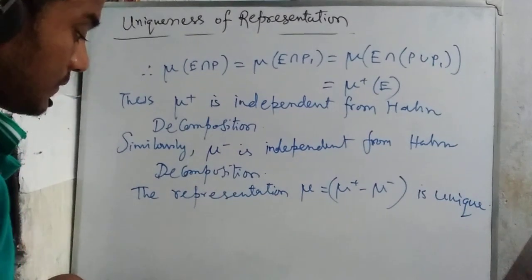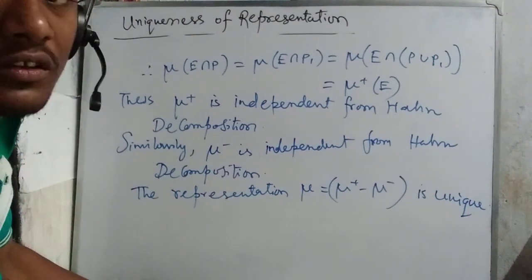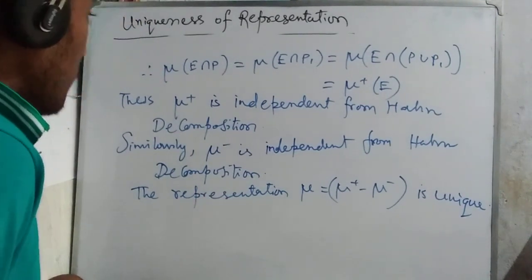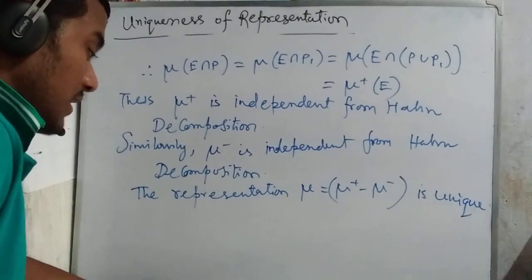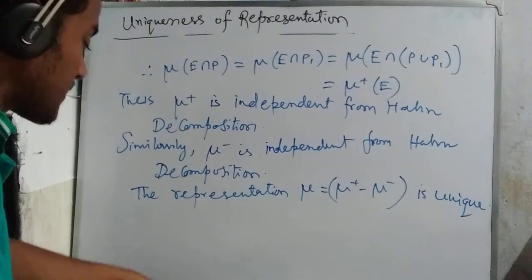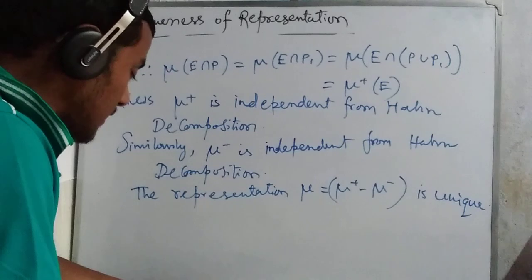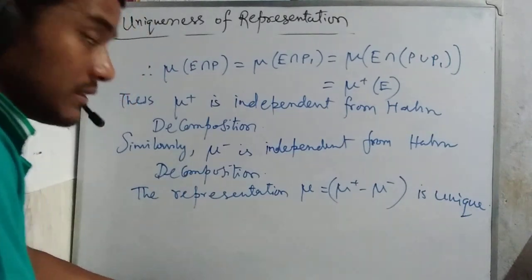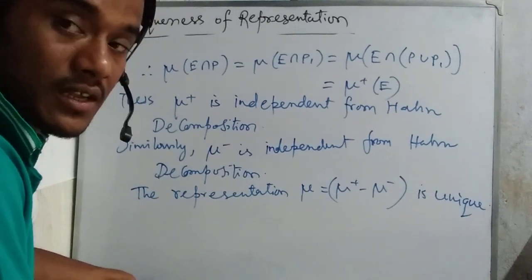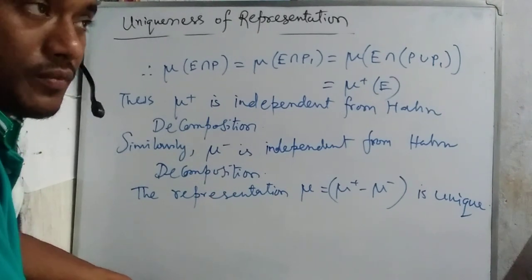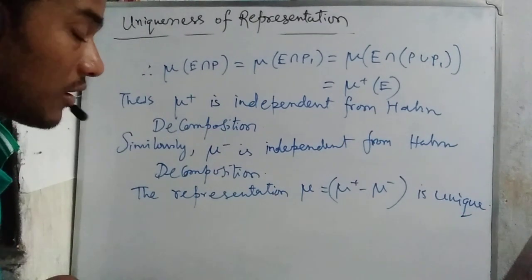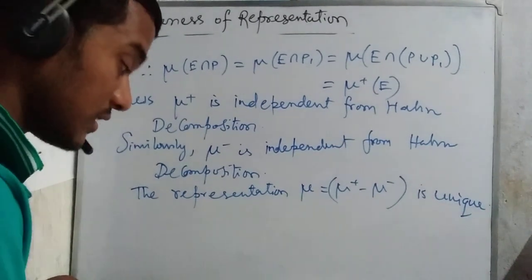Any problem here? I think not. So what we see is that any measure is expressed as the difference of the positive variation and the negative variation, and this representation is unique.